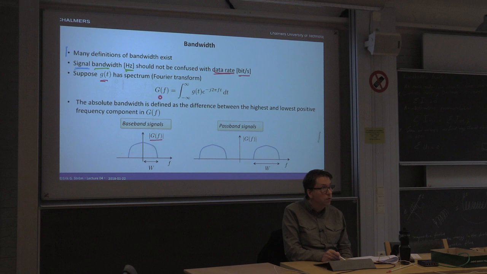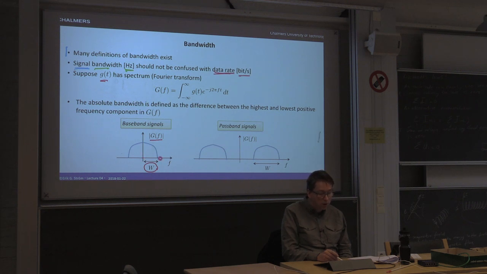So if we want to say something about its content, we can plot the real or imaginary parts of it, or we could just plot the absolute value of it. Suppose we plot the absolute value of this, and we get something that looks like this. Then the bandwidth of that is W. It's the difference between the highest frequency content and the lowest positive frequency component. So we don't count this to the left here. The smallest it can be is 0.